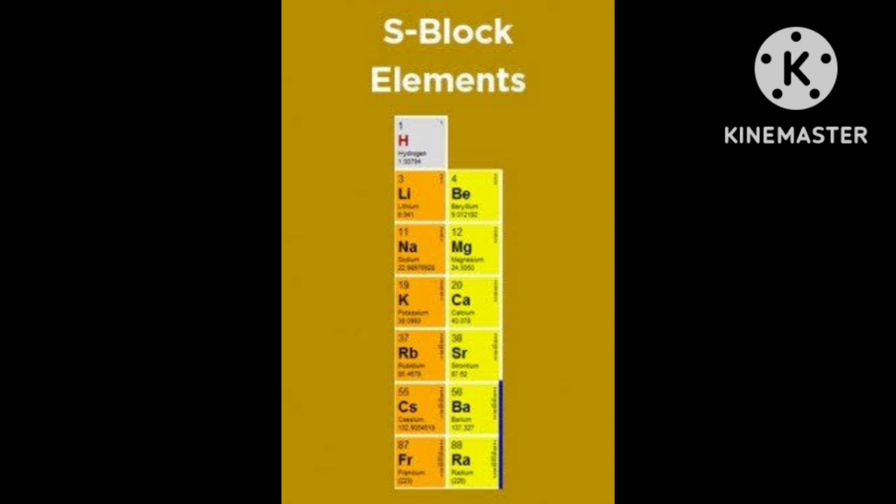The S block elements of the periodic table are those in which the last electron enters the outermost s orbital. As the s orbital can accommodate only two electrons, two groups, group 1 and group 2, belong to the S block of the periodic table.